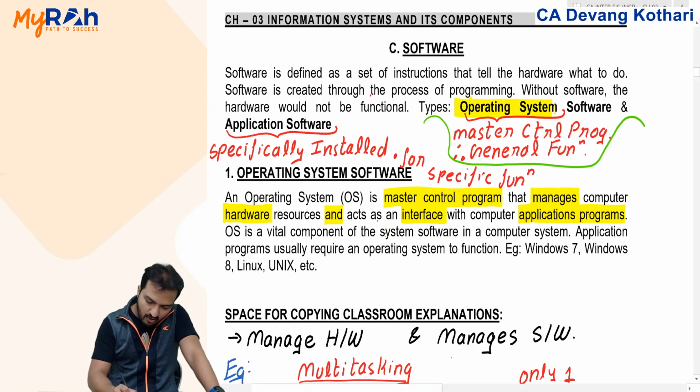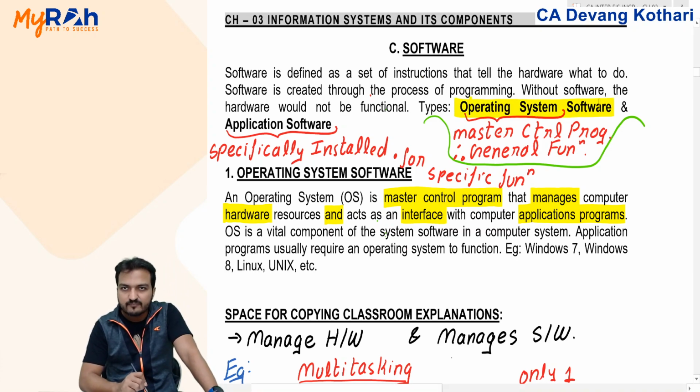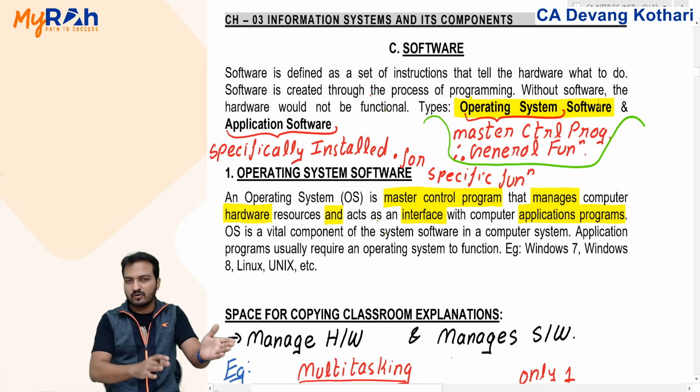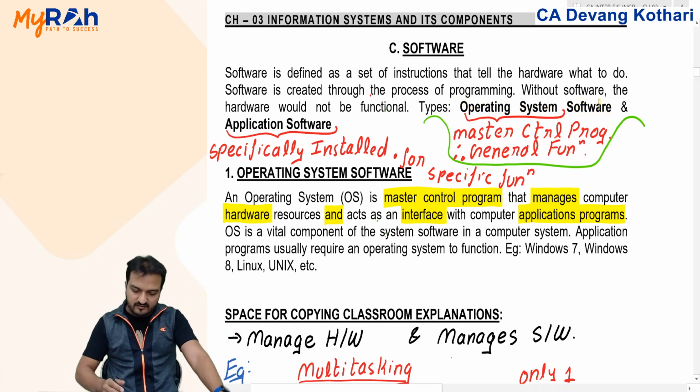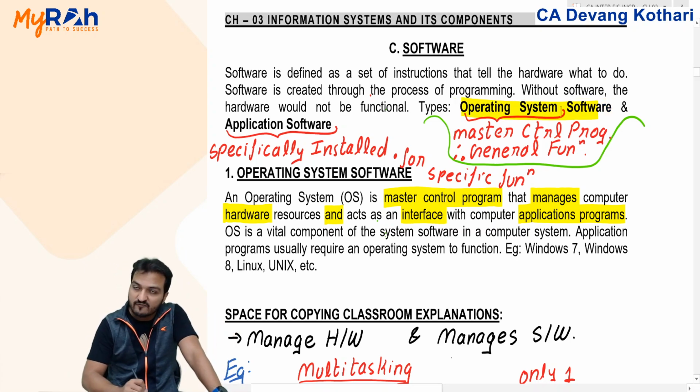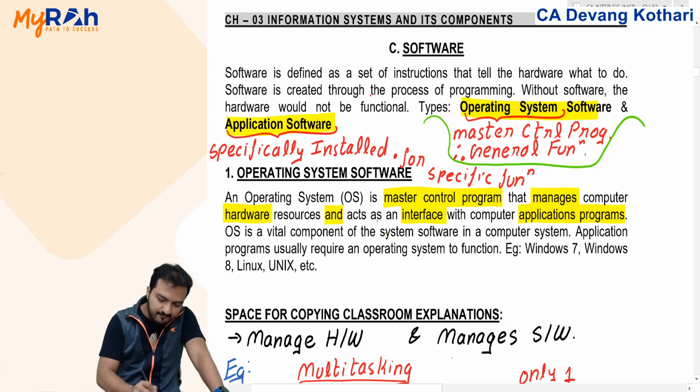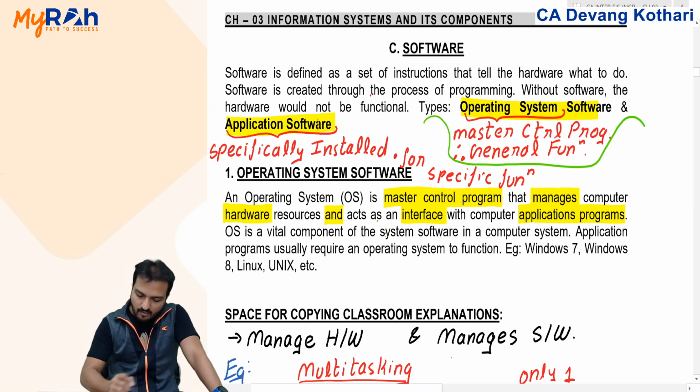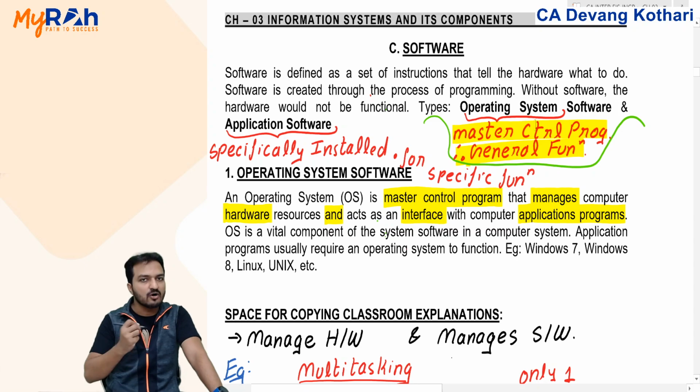One was called operating system or system software, together called operating system software, and the second one was called application software. Operating system means a master control program which performs all the general functions of your computer.